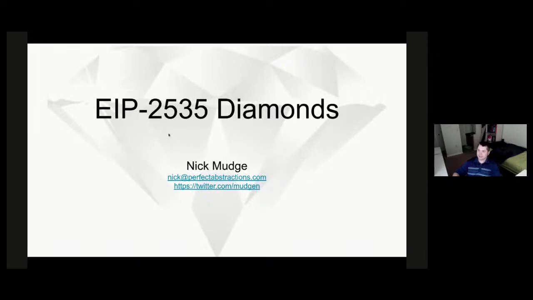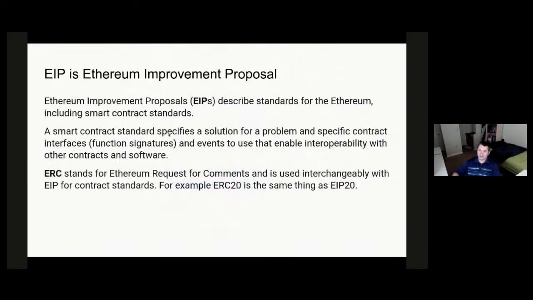First I'm going to cover some basics on what an EIP is. Maybe some people know about this, some others not, so I'm just covering it. An EIP is an Ethereum Improvement Proposal. It's a standard that is used by Ethereum to write software, and it applies to implementations of Ethereum nodes and also contract standards.